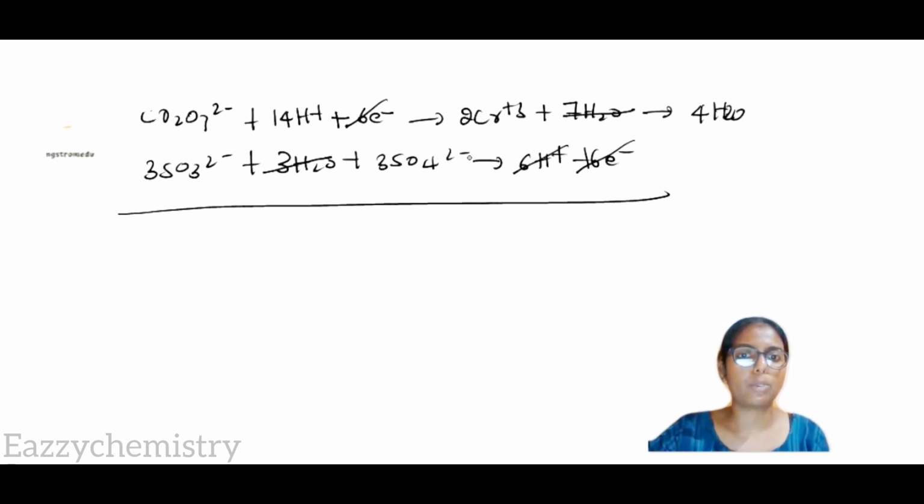Here 6 hydrogens are present and here 14 hydrogens, so the remainder is 8 hydrogen.